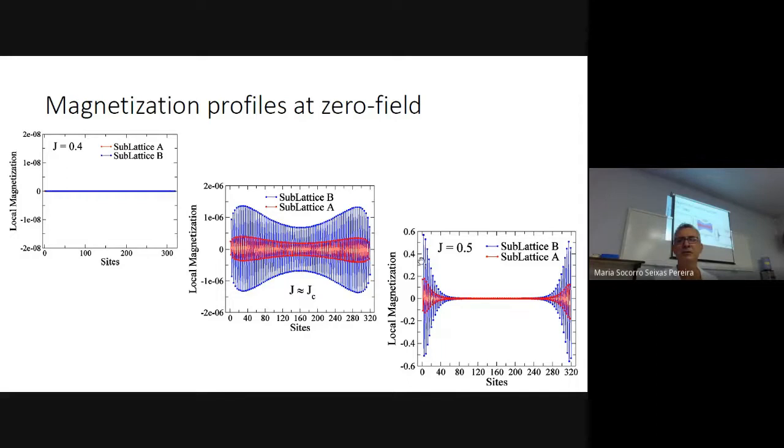The magnetization is different from zero at the edges, but it goes exponentially to zero as we penetrate the chain. And just at the transition, these edge modes penetrate slowly towards the middle of the chain. So the edge modes are not actually edge modes, they penetrate in the bulk.